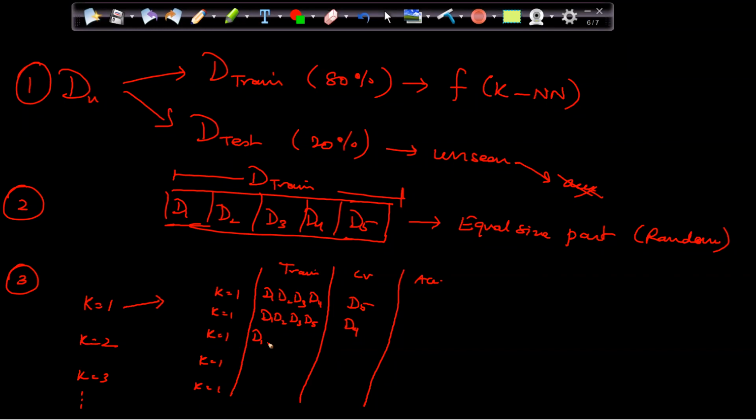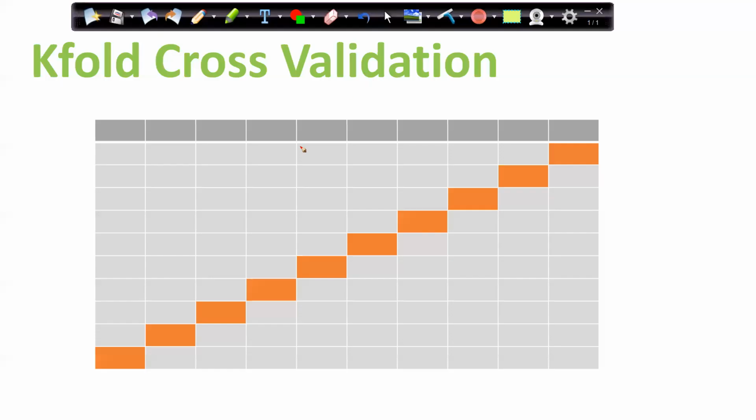Then D1, D2, D4, D5 with D3. Then D1, D3, D4, D5 with D2. Then D2, D3, D4, D5 with D1. So here you can see I'm actually using all the parts. First I'm making this as CV, then this as CV, and so on.